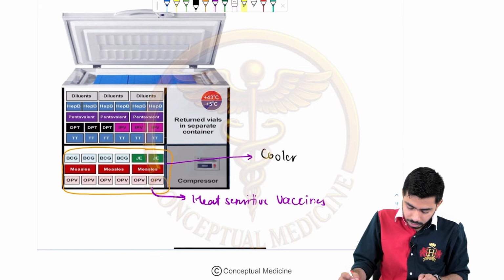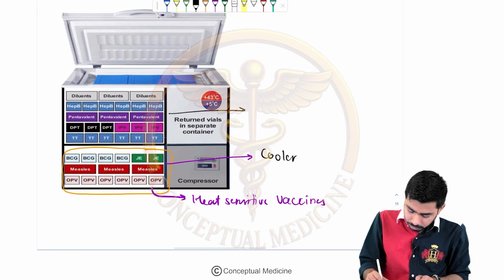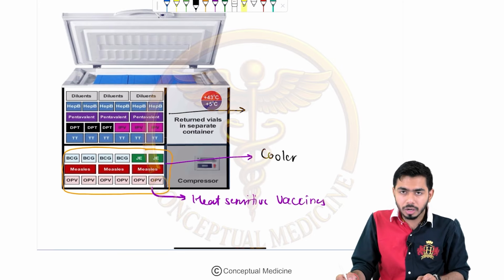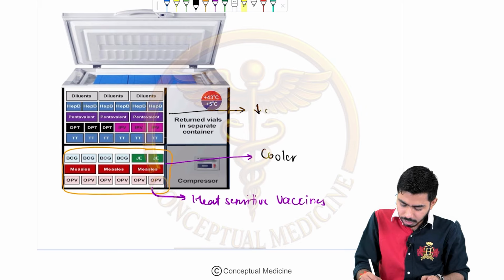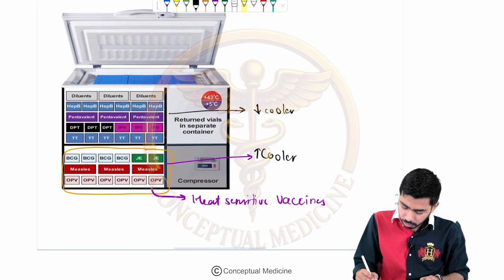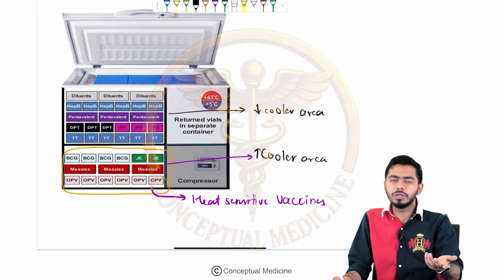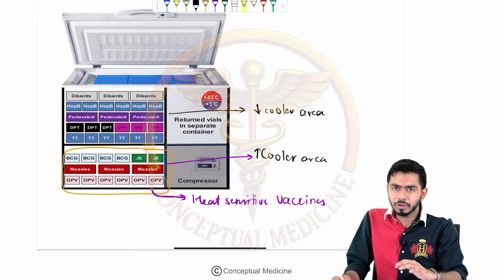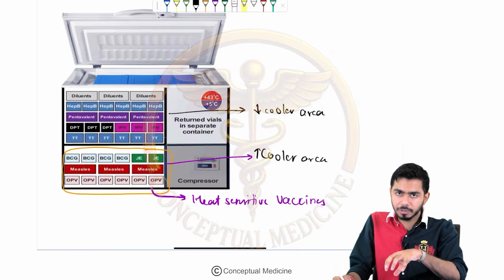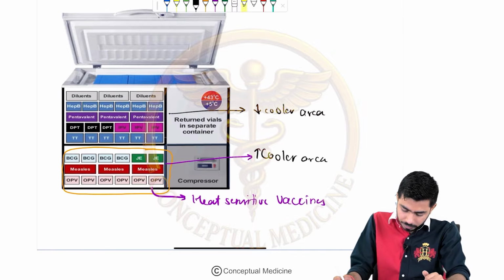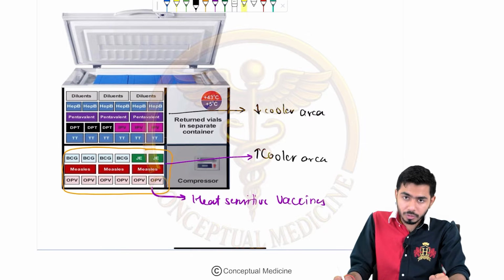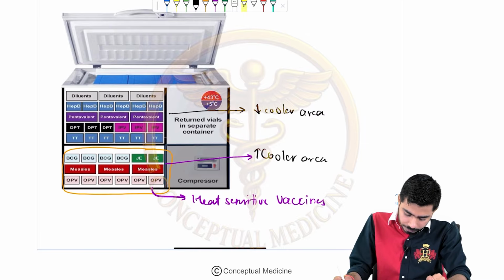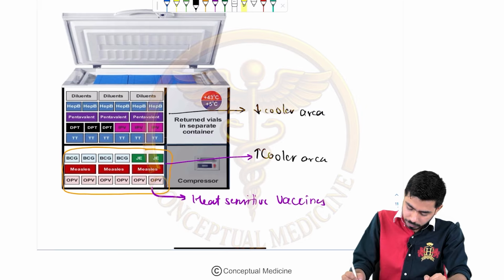This area will be less cool as compared to the deeper area. It will be the comparatively less cooler area, and the deeper one will be the more cooler area. We shall be using it like that. Both areas are cold, but comparatively the deeper one is colder than the upper one. In the upper area, which vaccines shall we be storing?